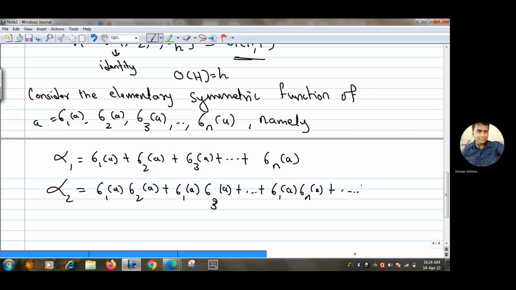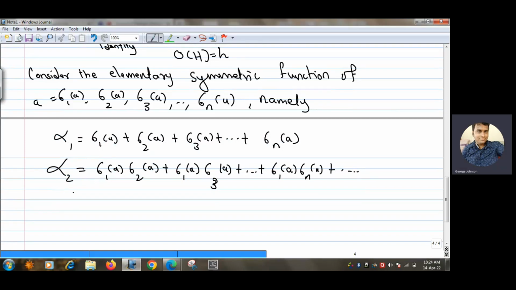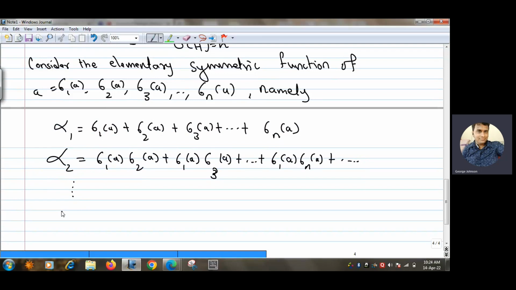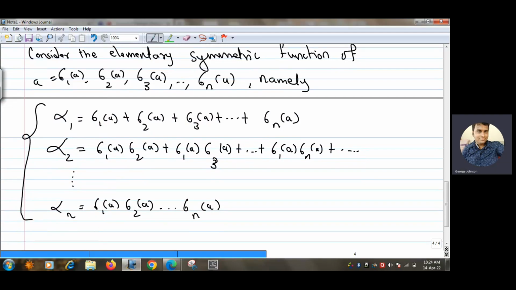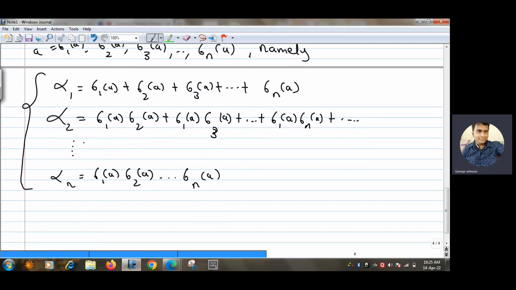And so on up to the last one, which will be the product of all the elements: sigma 1(A) sigma 2(A) and so on up to sigma h(A). So we are considering these elementary symmetric rational functions alpha 1, alpha 2, up to alpha h.